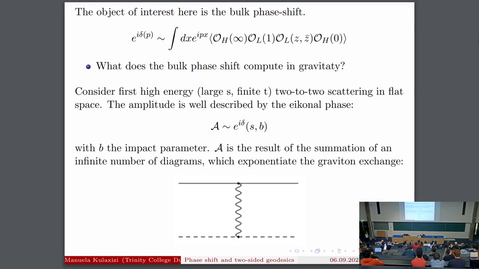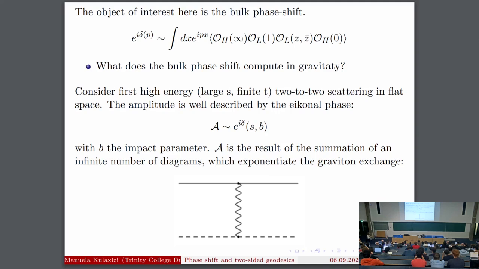We call it a bulk phase shift because of the way that it's defined in CFT language. But indeed, in terms of gravitational scattering amplitudes, it's more or less the natural eikonal phase that you have seen before.